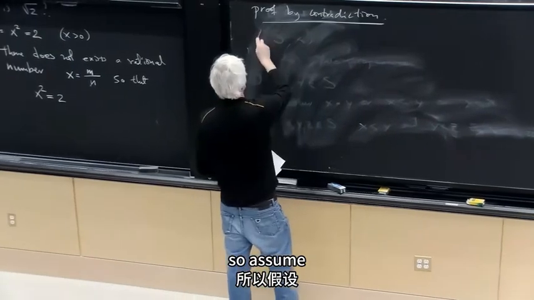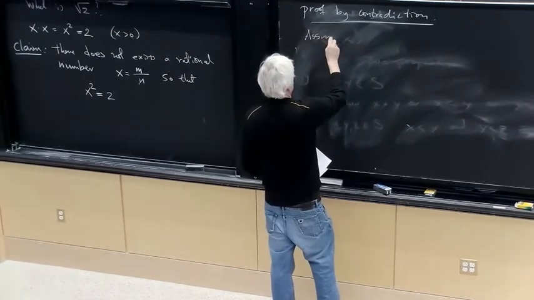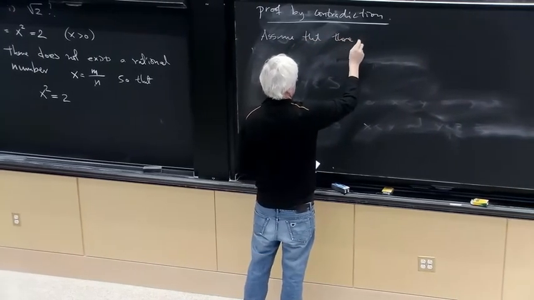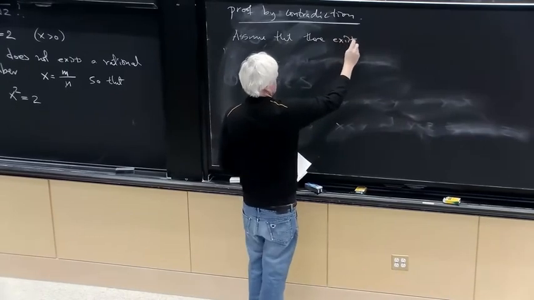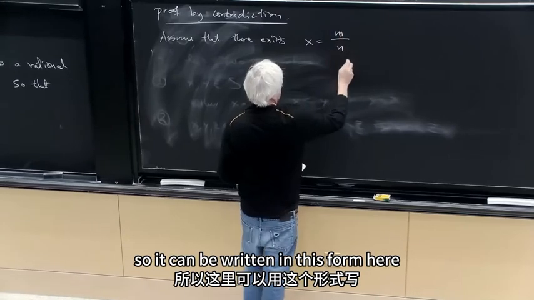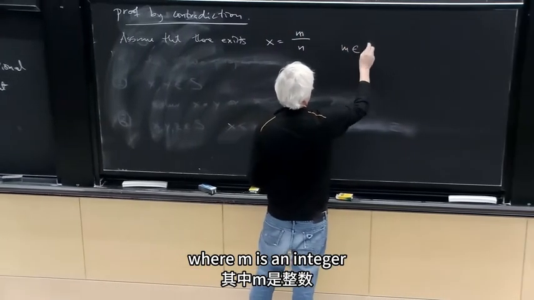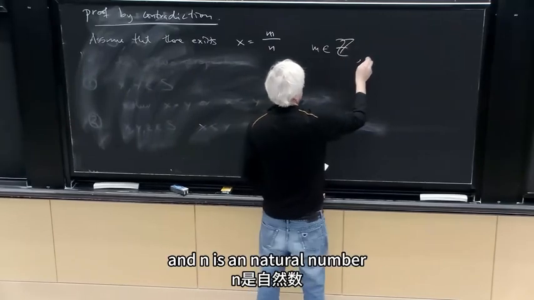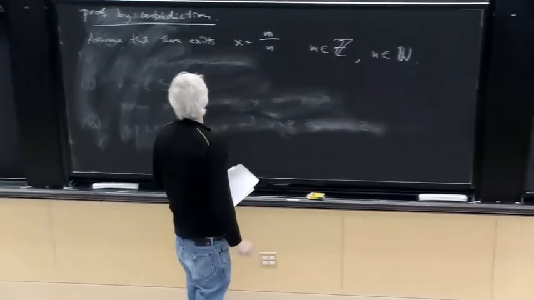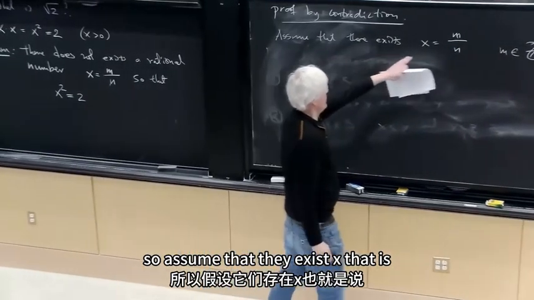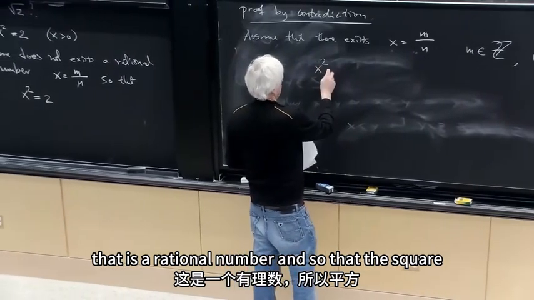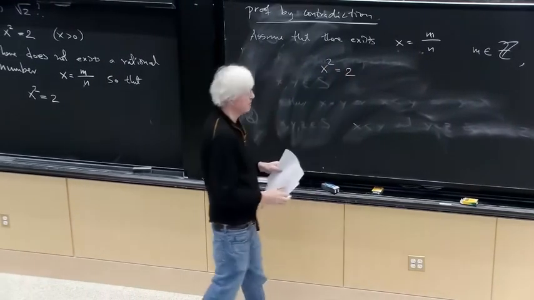So assume that there exists x that is a rational number, so it can be written in this form, where m is an integer and n is a natural number, and so that the square is equal to 2.